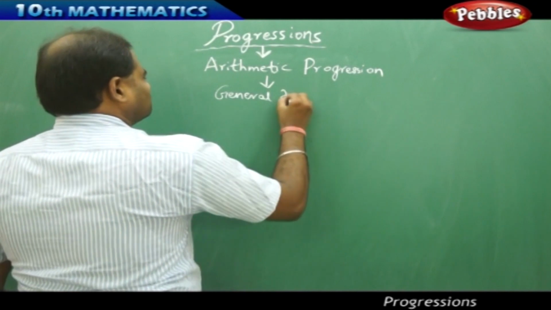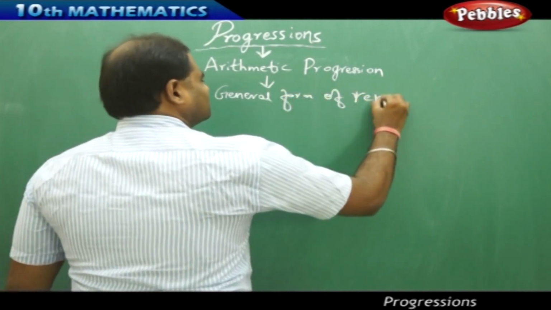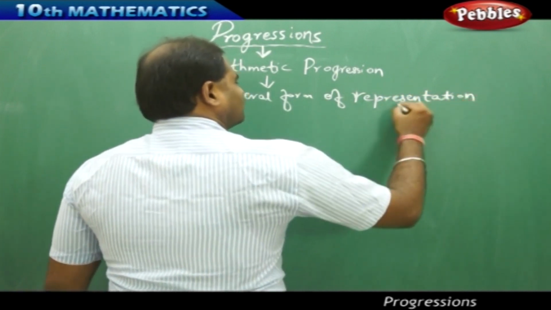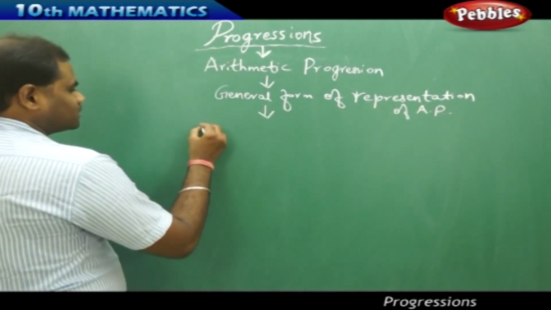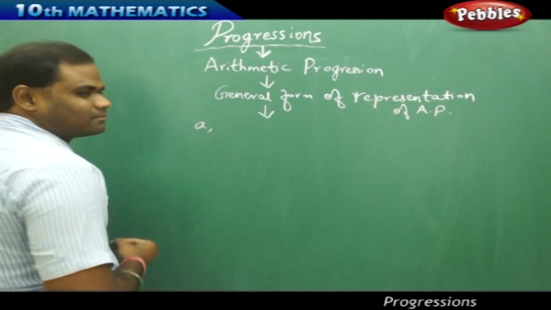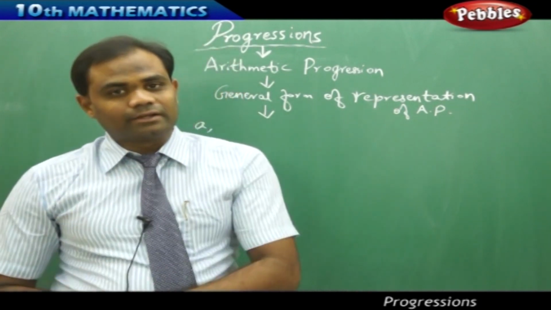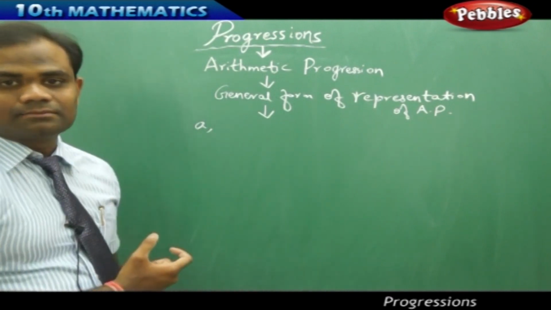So the general form of representation of arithmetic progression is done generally by taking the first term as a. Now because the pattern says that there is a fixed element added to each of its terms, let me take the fixed element as d.